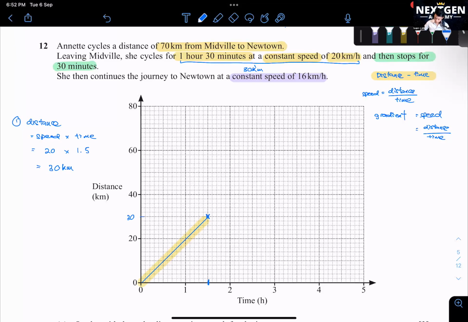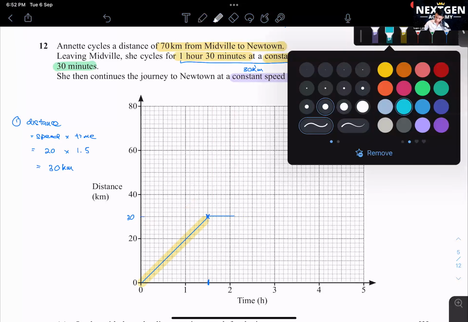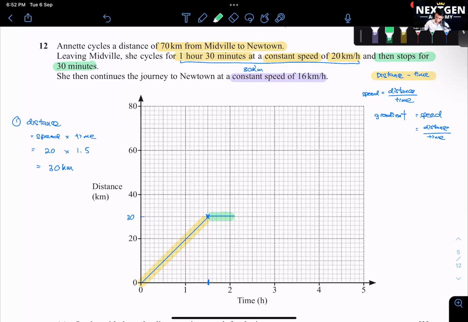Stops for 30 minutes means from here to here. This is the green color part. Then she continues to Newton at a constant speed of 16 kilometers per hour.